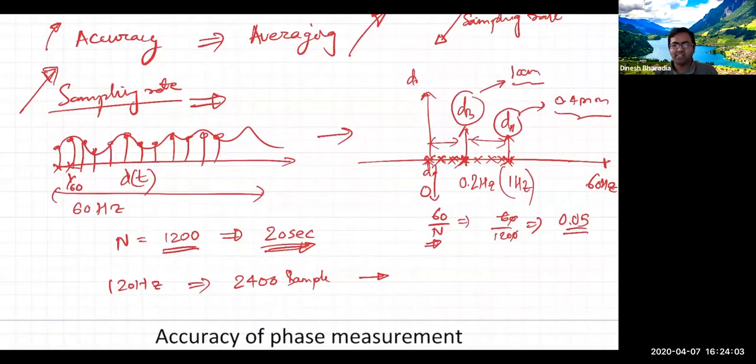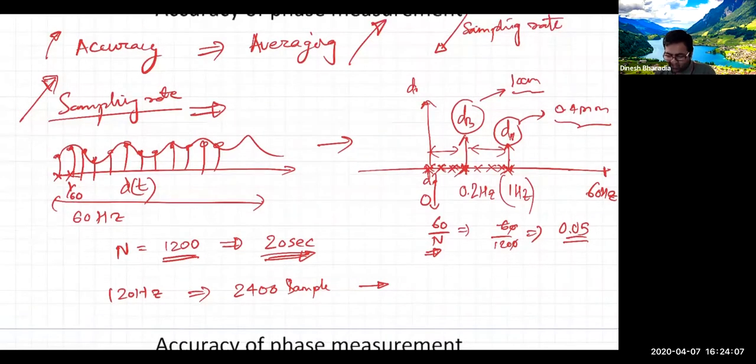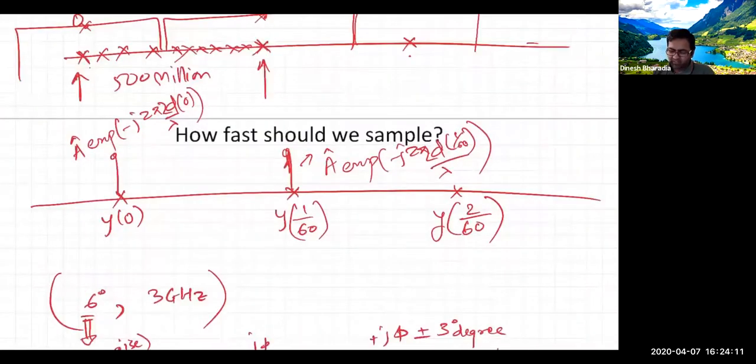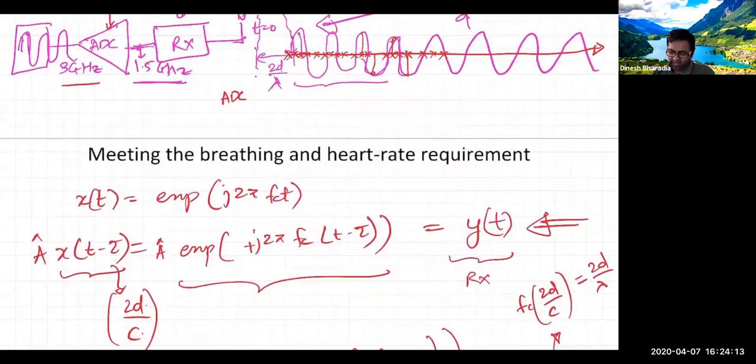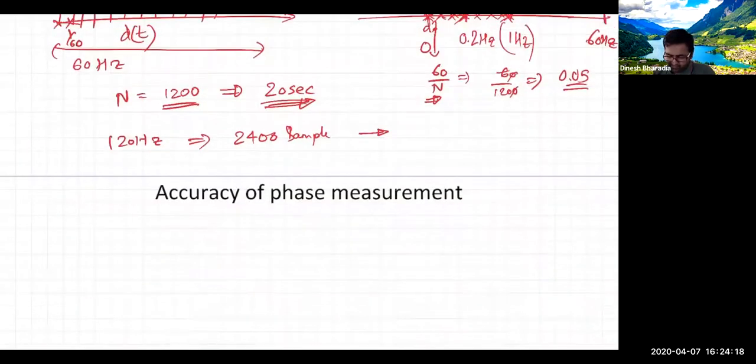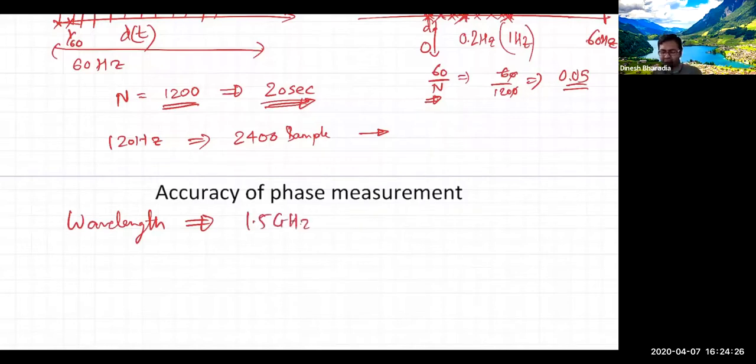So we have covered sampling rate and accuracy. What was the third thing? I forget. Wavelength, lambda, at 1.5 gigahertz.